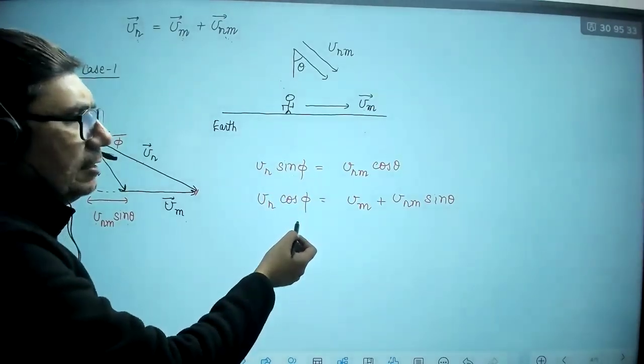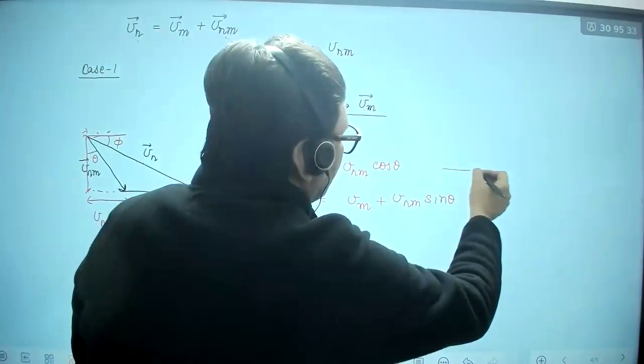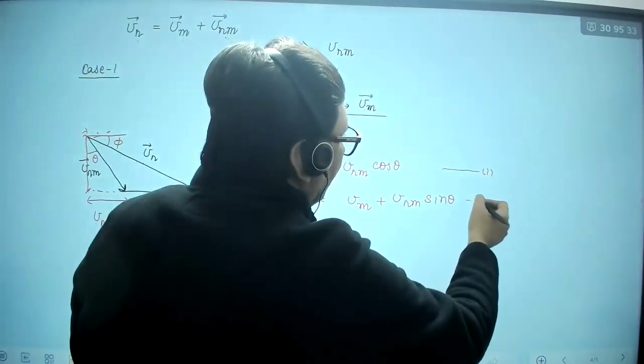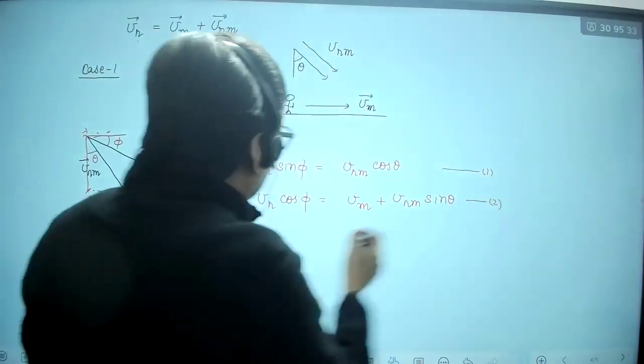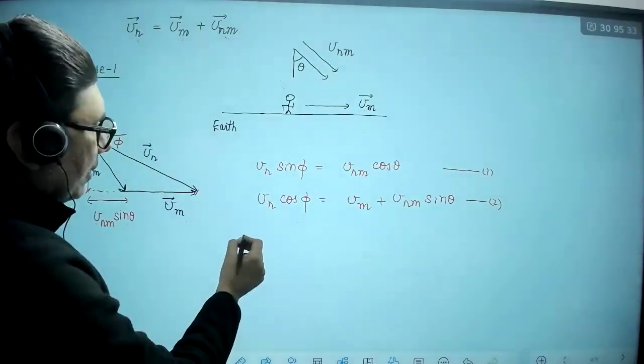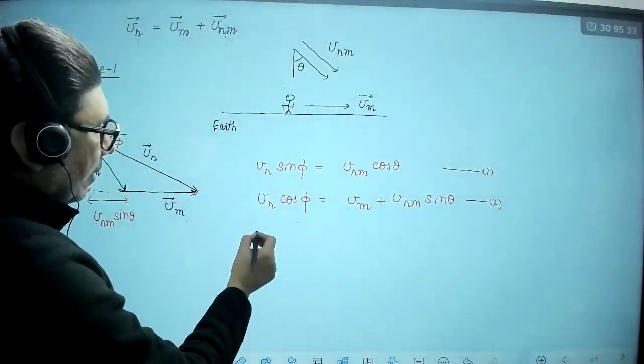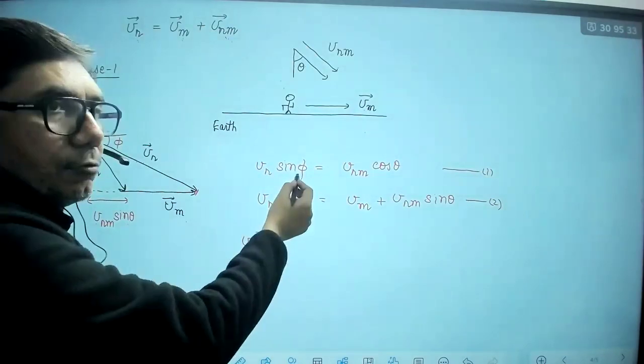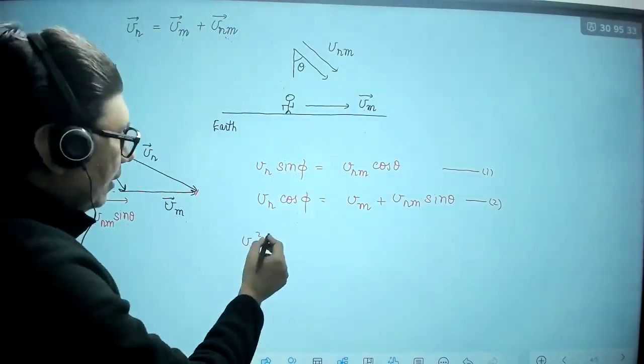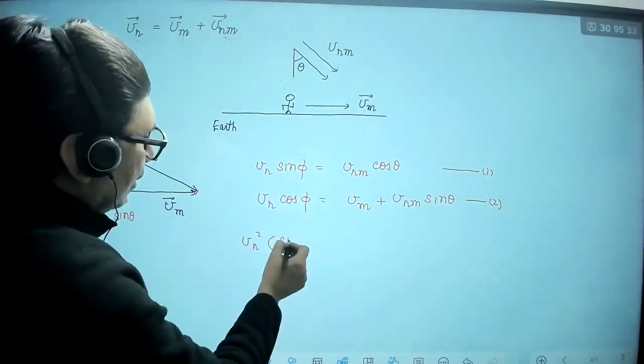Now square and add these two equations, 1 and 2 together. So this will be VR square. And on this side, this will be sine square phi plus cos square phi.